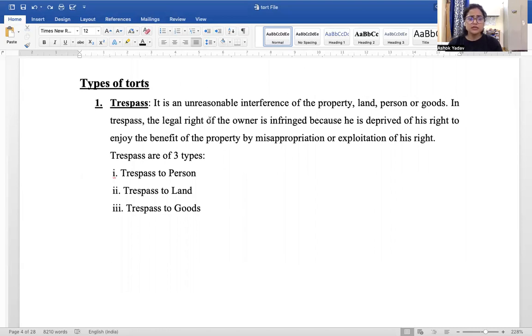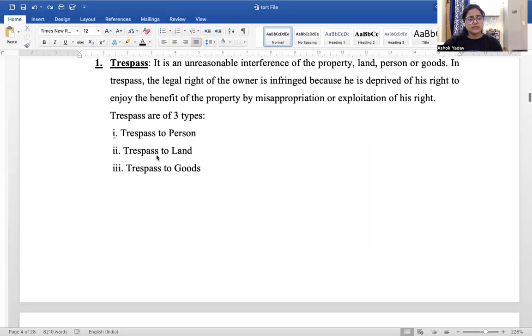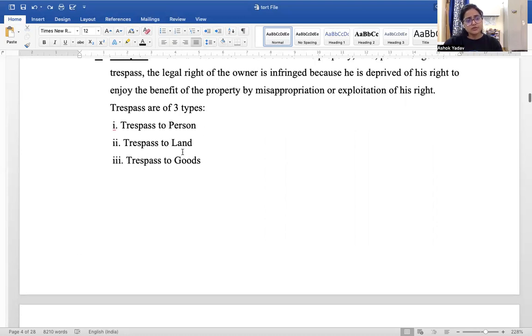In trespass, the legal right of the owner is infringed because he is deprived of his right to enjoy the benefit of the property by misappropriation or exploitation of his right. There are basically three types of trespass: trespass to person, trespass to land, and trespass to goods.